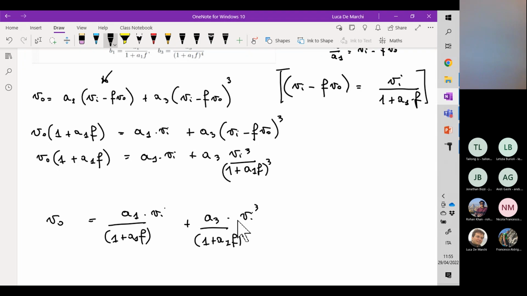Okay, this is quite interesting because this implies that the new impedance achieved with the feedback loop, the input impedance, is much higher than the original one.